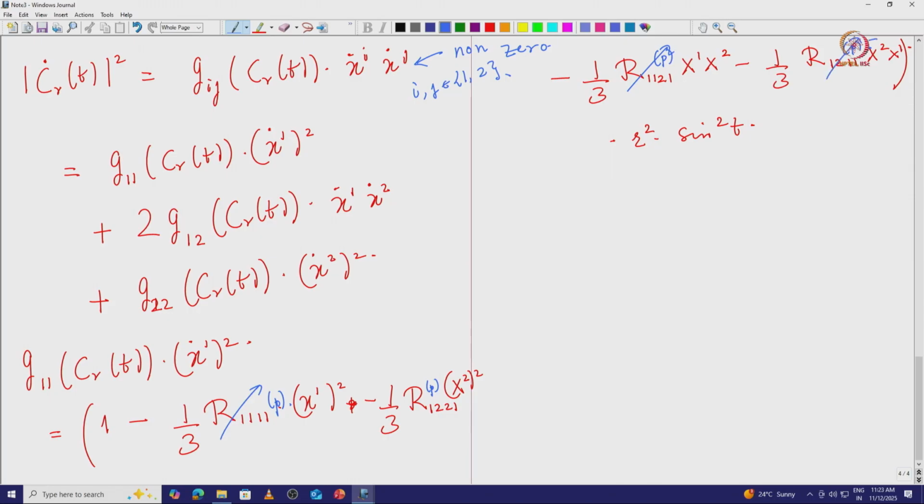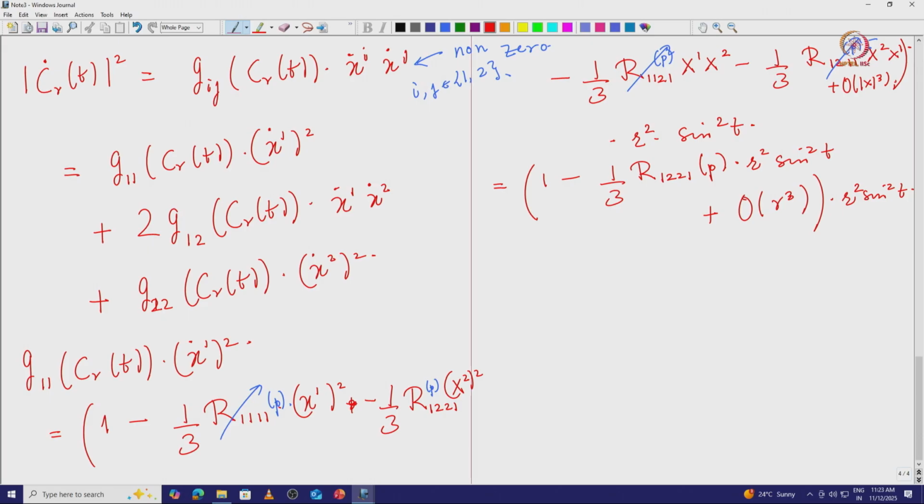Okay, so the only surviving term will be 1 minus 1/3 R1221 at P times x2 squared, which is r squared sin squared t, plus order of r cube. So there is an order of mod x cube here times r squared sin squared t.